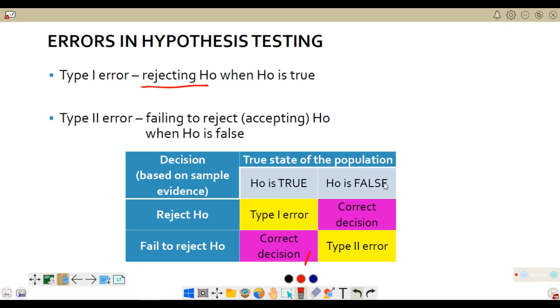Okay. Dito naman tayo sa kabila. HO is false. Mali siya. May relationship. May difference. At nireject mo siya. You are making a correct decision. But if HO is false, tapos inaccept mo siya, that is type 2 error. Okay?